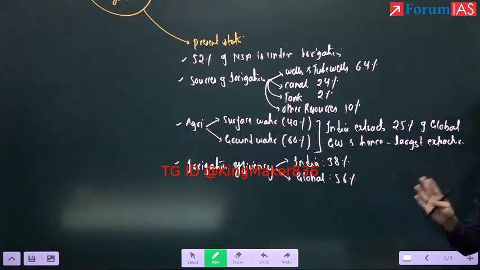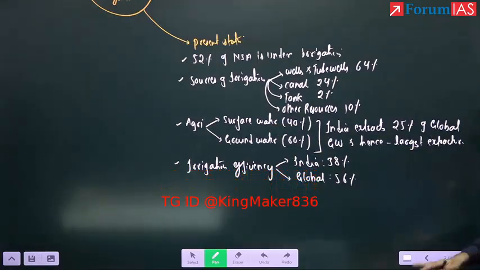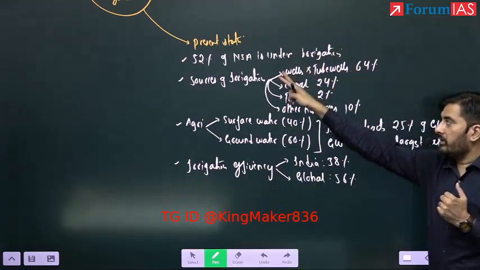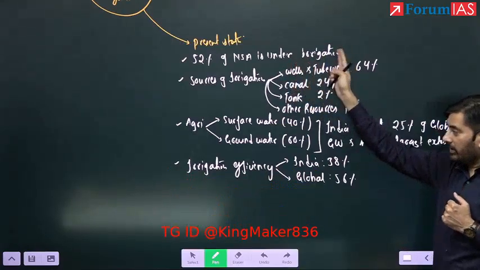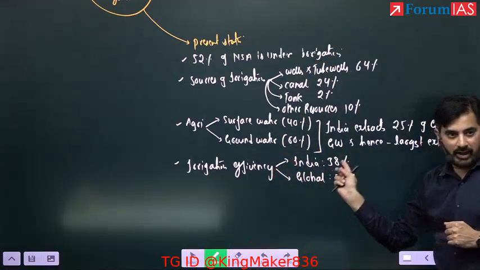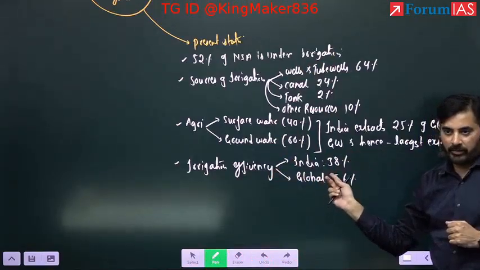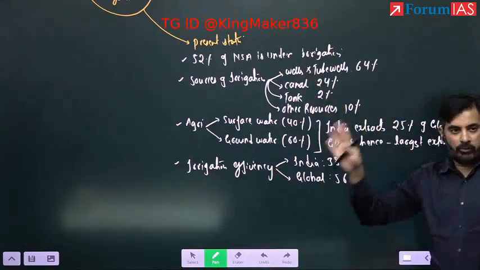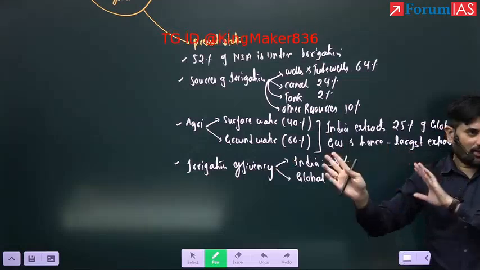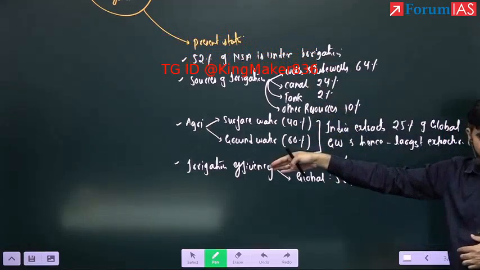If the question is about irrigation in India in general, you can write that 52% of our net sown area is under irrigation. However, irrigation efficiency in India is 38% as compared to a global average of 56%. So I've given you broad points depending upon the question; your introduction must be along these lines.